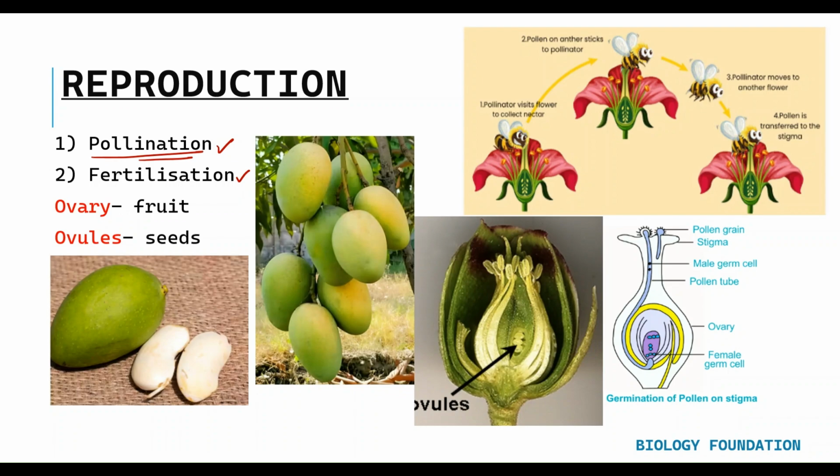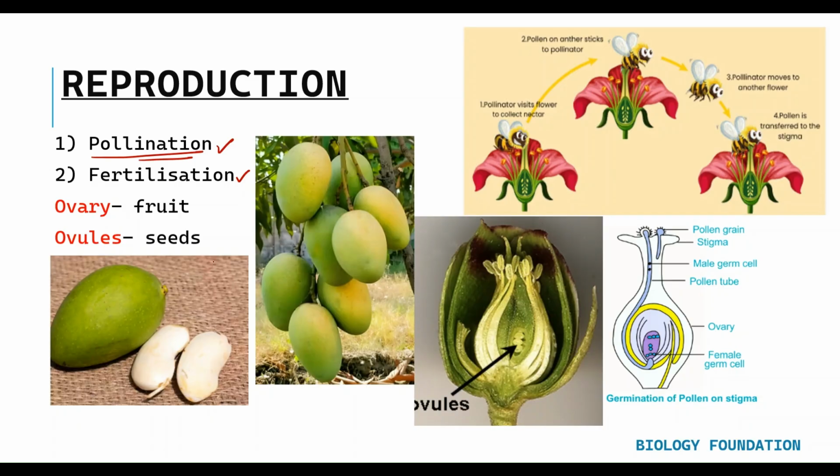Transfer of pollen grains from anther to the stigma of the same flower within the same plant, or from one flower to another flower within the same plant, or transfer of pollen grains from anther of one flower to the stigma of another flower of different plants belonging to the same species or of the same kind. Then successful pollination occurs, right?